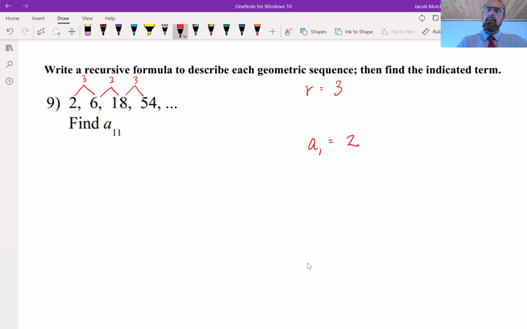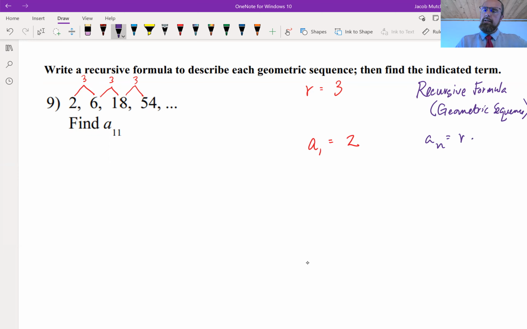And then the formula for a recursive description of a geometric sequence is going to be given by this equation. It's going to be a sub n equals r times a sub n minus 1. Essentially, a geometric sequence says you take the previous term, multiply it by the common ratio, it'll give you your next term.